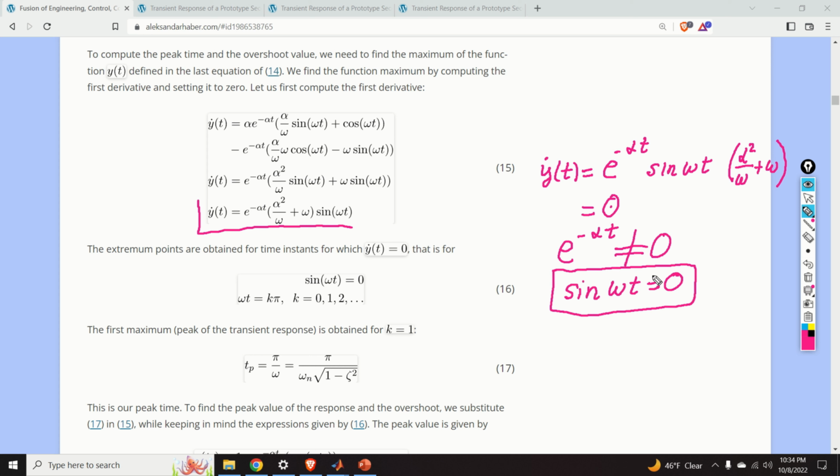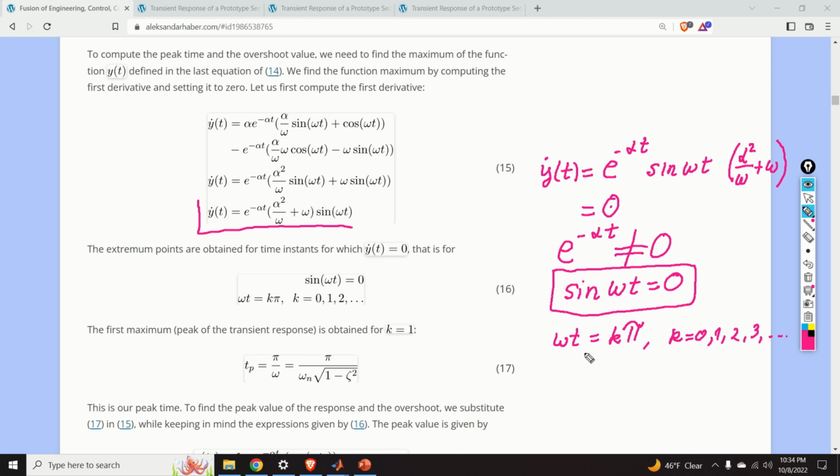Now, how many solutions does this equation have? This equation has an infinite number of solutions, and these solutions are given by omega t equal to k multiplying pi, where k can be 0, 1, 2, 3, etc.